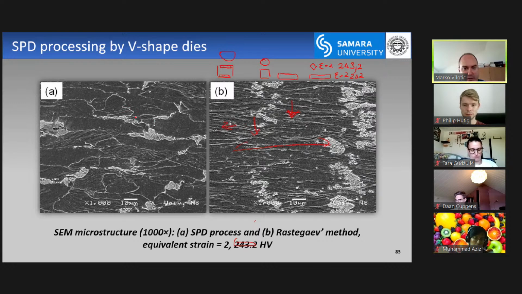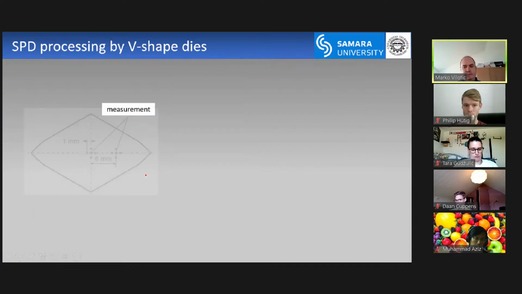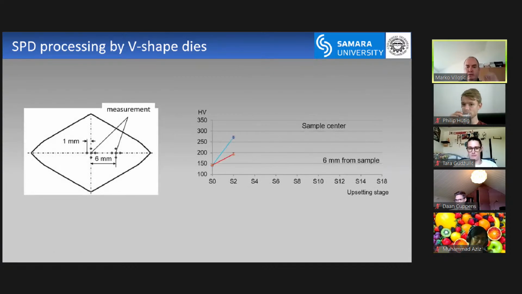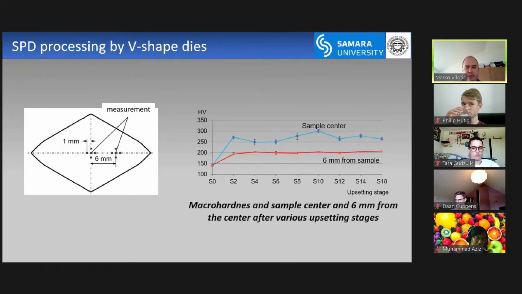However, in the case of SPD processing, some grains are elongated and some are not, which is good in terms of performance. So these are the measurements. I think this is the macro hardness, if I'm correct.